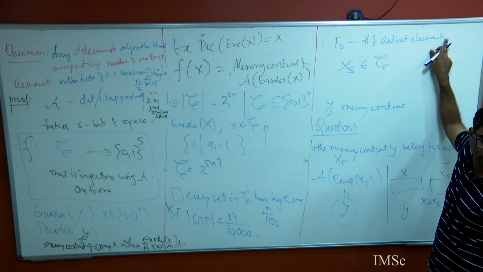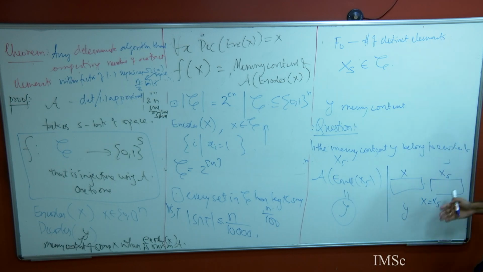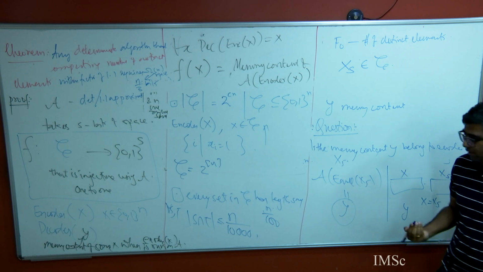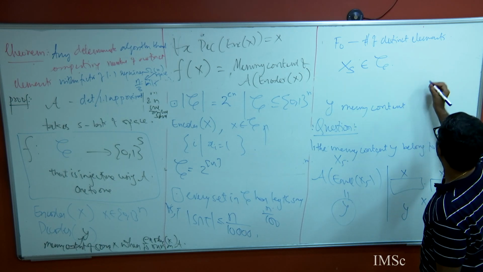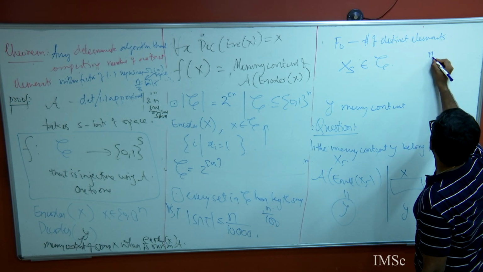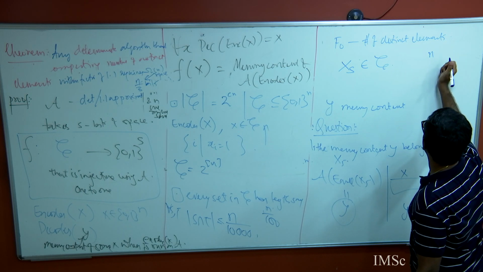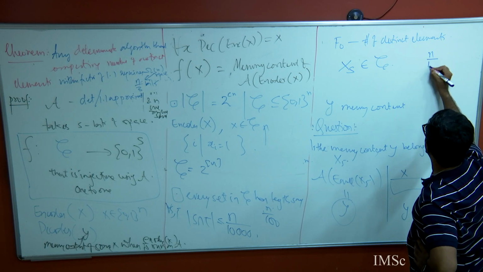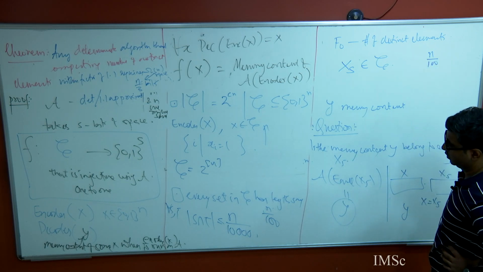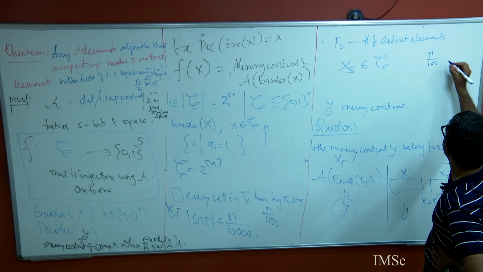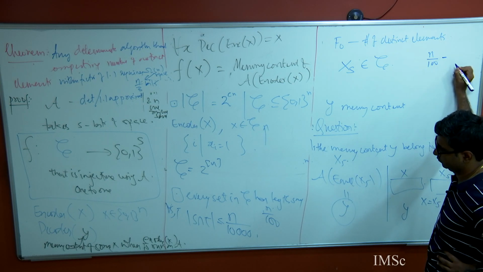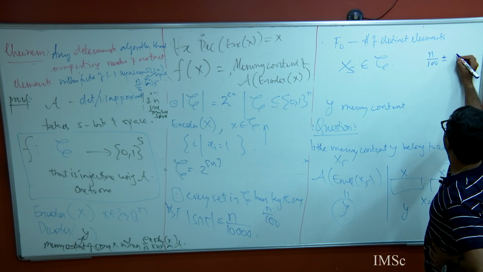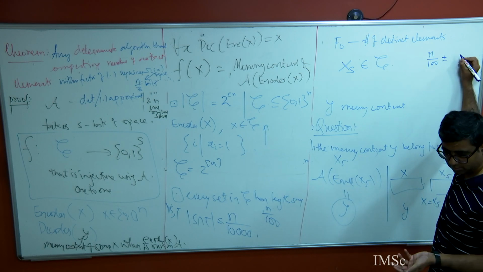So I have this f0, right, which I know. So now I put x and xs the same. Then what will I get? From here, I will get n by 100 plus minus, what is 0.1?